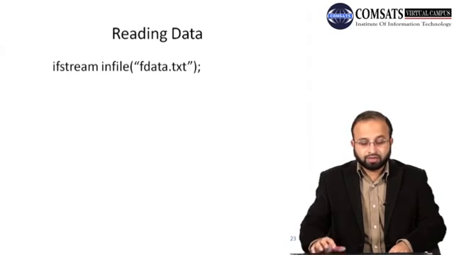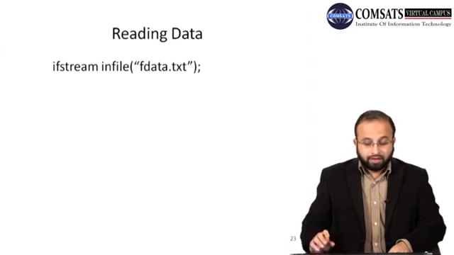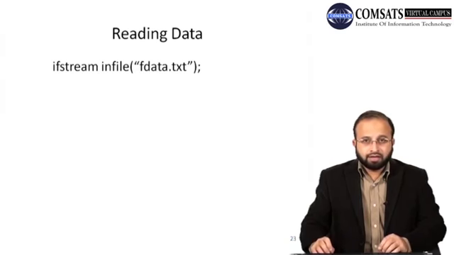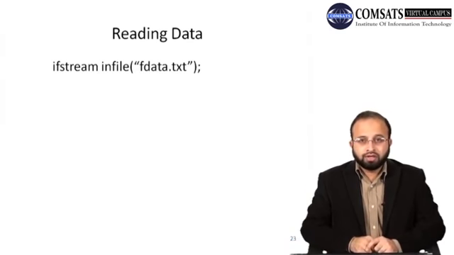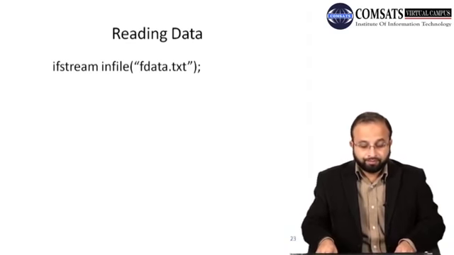Now infile is an object of ifstream class. This means that infile object के through we can perform read operation from the file. We can read the content of the file, right?